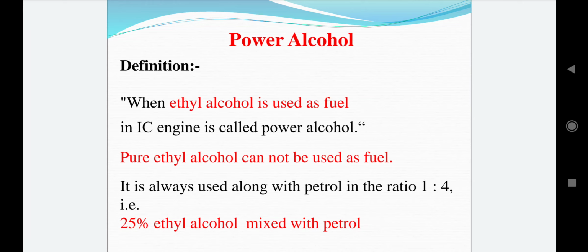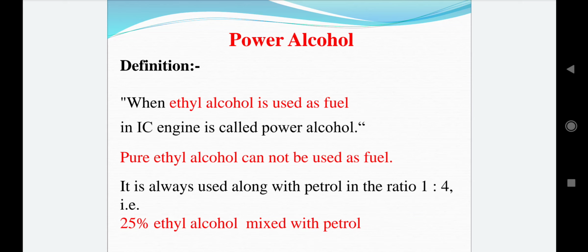As far as the definition is concerned, ethyl alcohol is used as a fuel in internal combustion engines, and generally 25% ethanol is mixed with the petrol. Now we require ethanol for producing power alcohol.